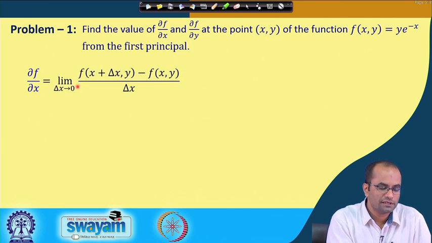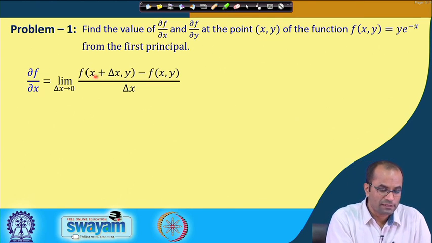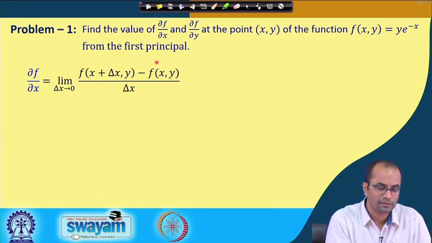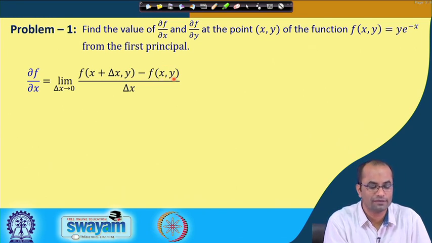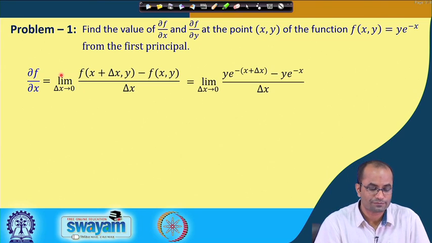So, we have taken here a general point x, y. The definition says that we have to make an increment in x, because we are talking about the partial derivative with respect to x. So, f of x plus delta x, y, minus the function value at x, y, f(x, y), divided by this increment delta x, and then taking the limit as delta x goes to 0.